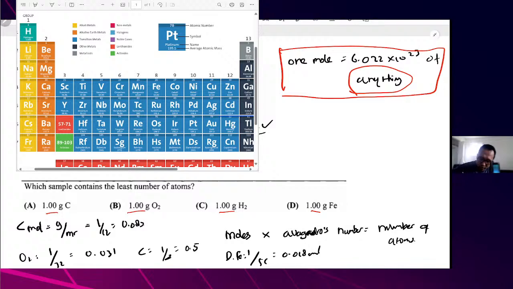Each one is in moles. So what's the answer based on this information? We need to find the biggest mole count. Which one is the biggest one?